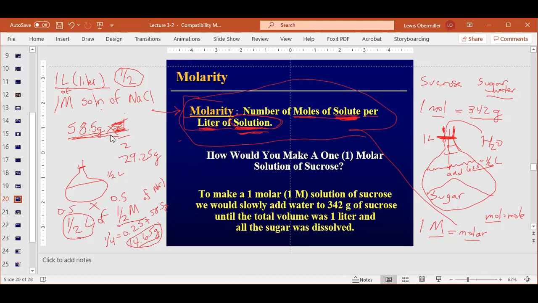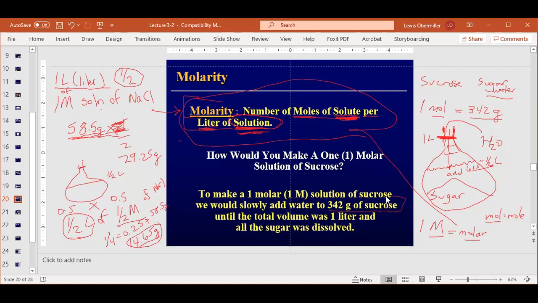I will ask you, make me a 1/4 molar solution of sucrose, and I only need a 1/4 liter of it. And so you would just multiply a 1/4 molar by a 1/4 liter, and then multiply that by 342 because that's the molecular weight of sucrose.